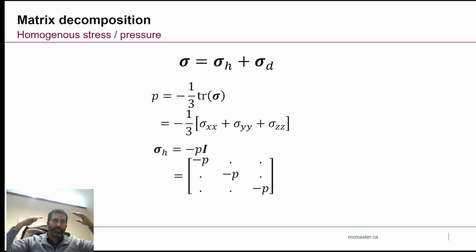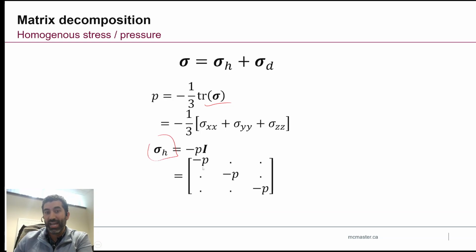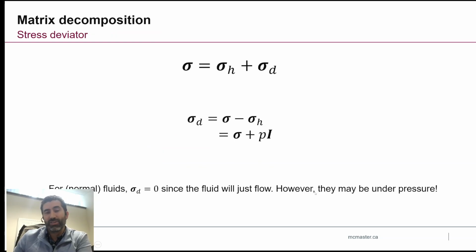We're under pressure, right? I love that song. So when we define it, we use the trace and we have the negative 1 over 3, again, three-dimensional space. Off we go. And we can define our homogeneous stress tensor as now negative P times our identity matrix. You just kind of have to be aware of that negative floating around.